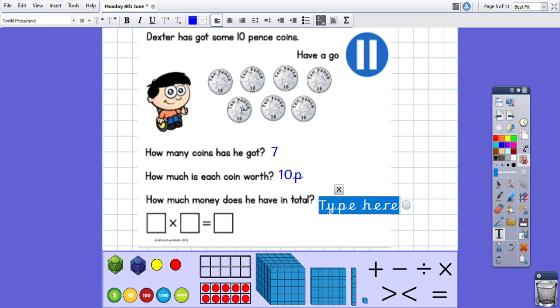So you've got 10, 20, 30, 40, 50, 60, 70. So he has got 70p. Remember, it's a p because it is money, and the p stands for pence. So he has got 7 coins, each worth 10p, which means he has got 70p altogether.